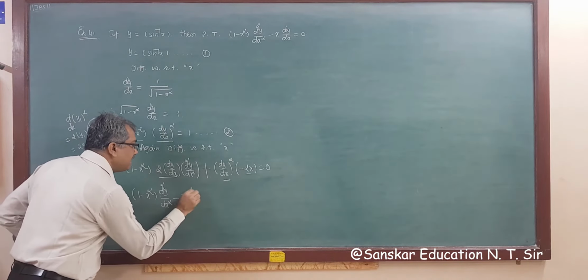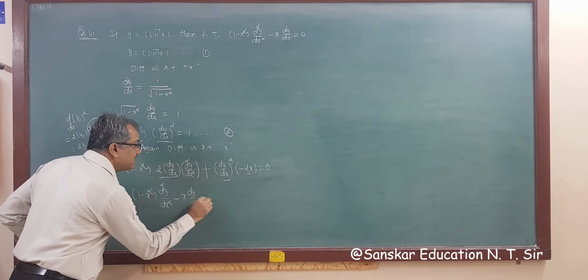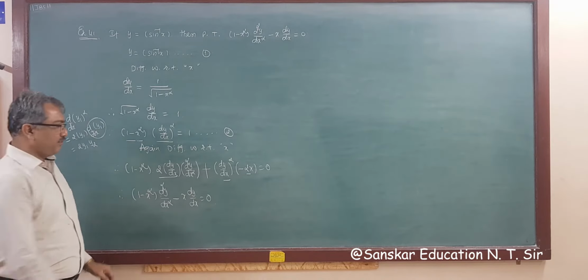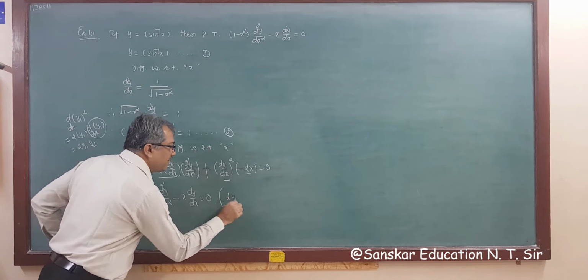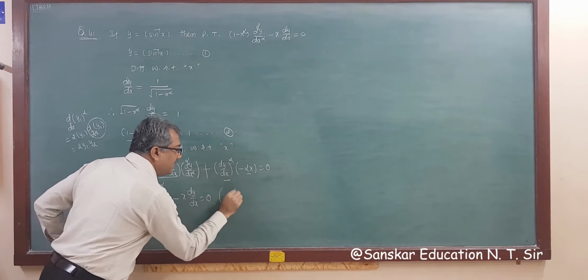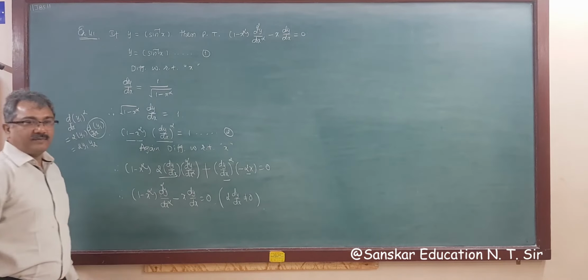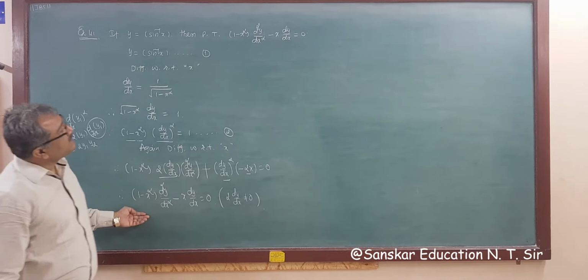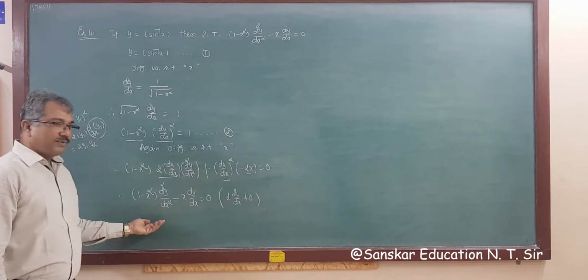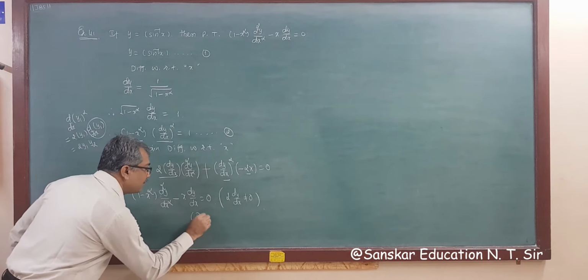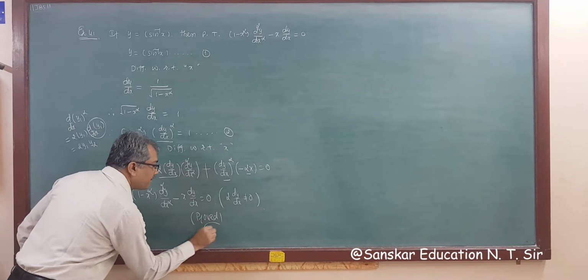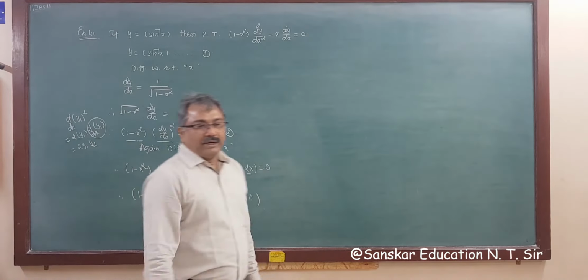So minus x dy by dx is equal to 0, right? Because 2y1, either dy by dx, is not equal to 0. So see, what is this? This is what you want to prove, right? So this is true, right?